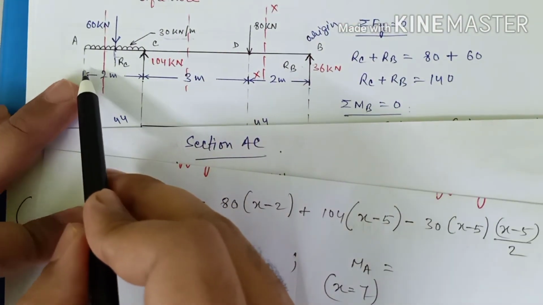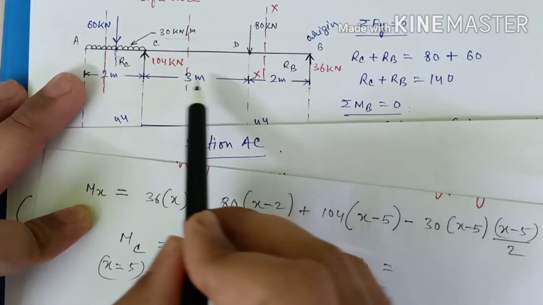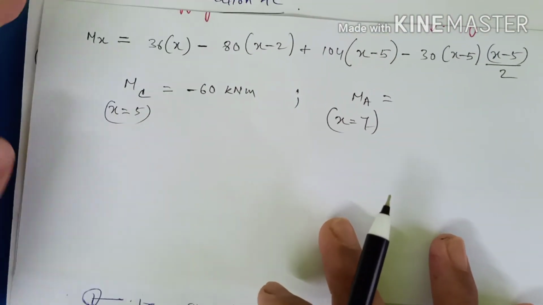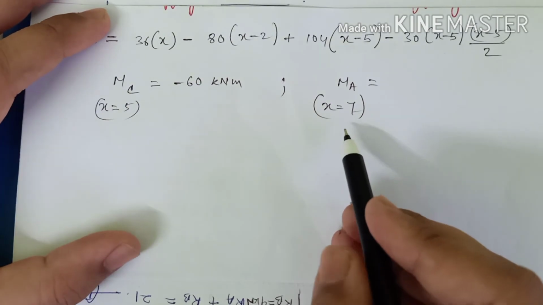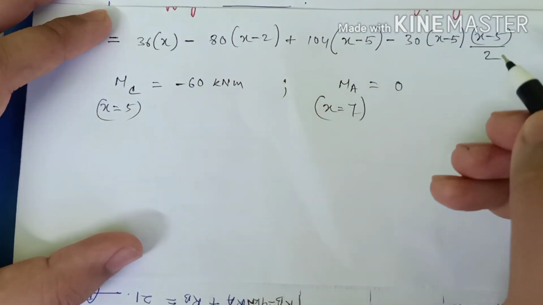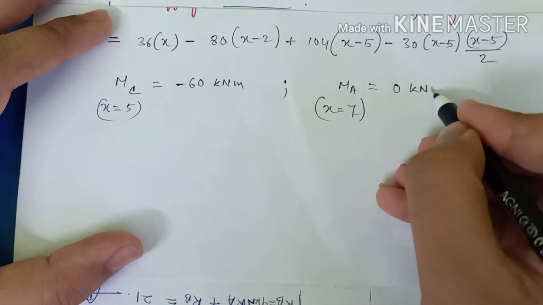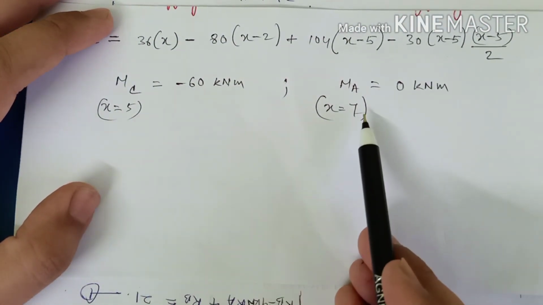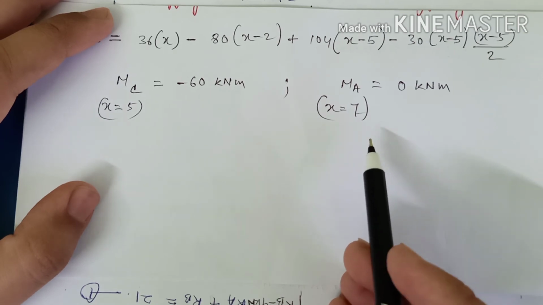If you put x equals 7, you will get 0 kilonewton meters. So just put the value of Mc and Ma in the shear and bending moment diagram.